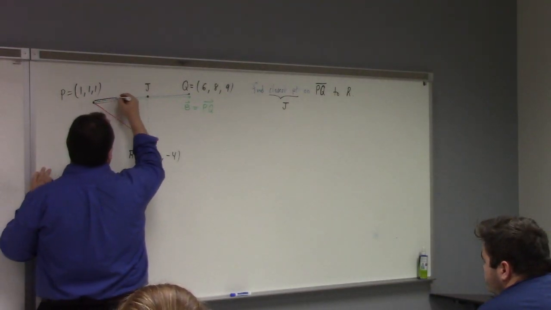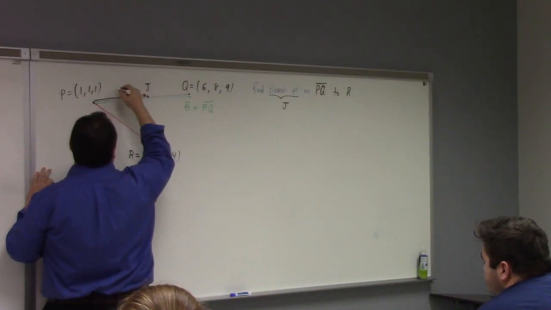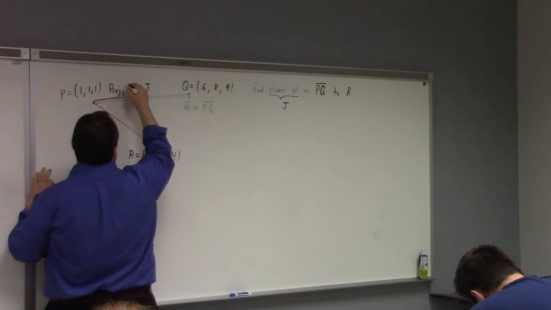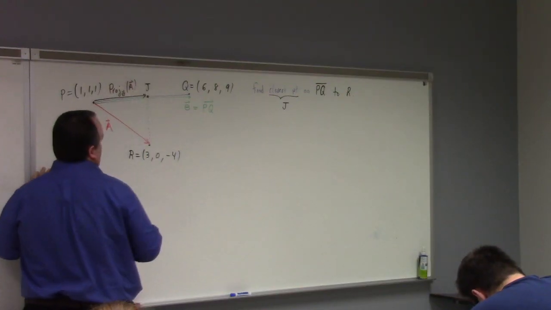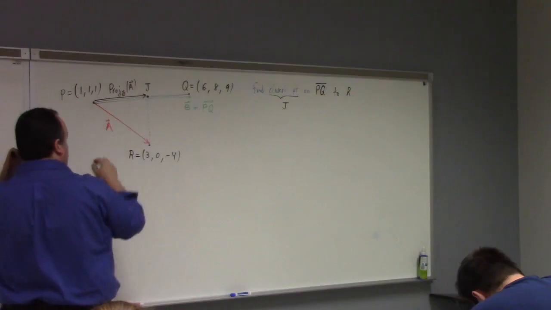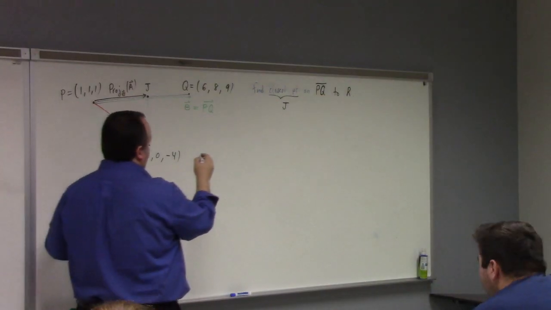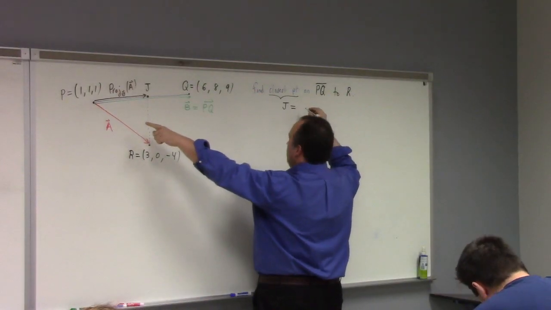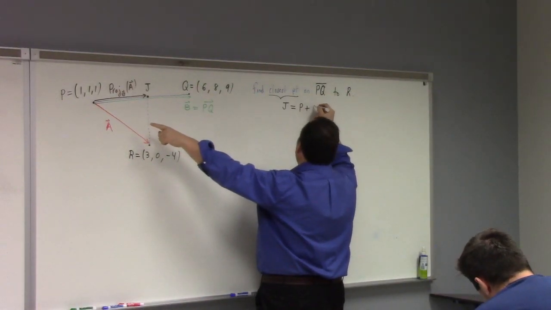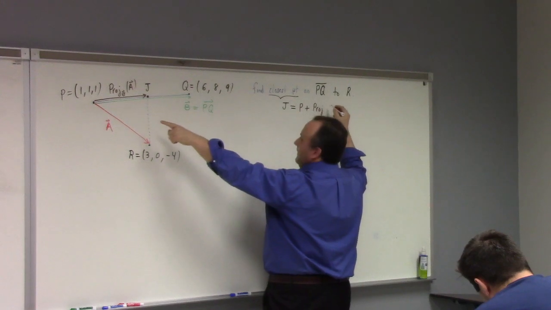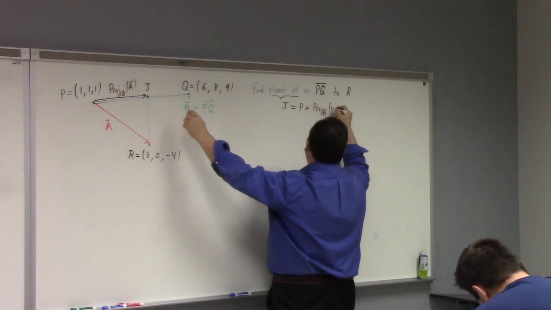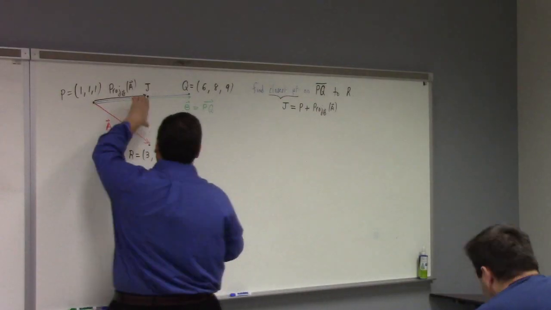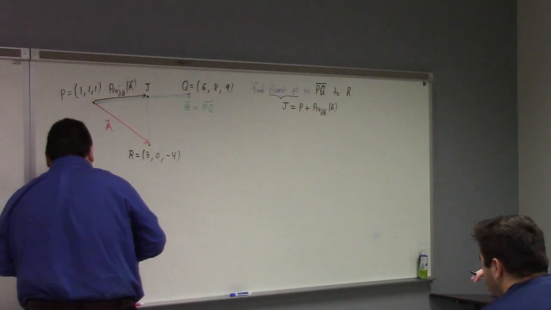But this vector right here would be the projection in the B direction of A. So from this picture I can see that J is equal to my starting point P plus that projection of A onto B. Now, if this is really perpendicular, I also know what the dotted line is too.